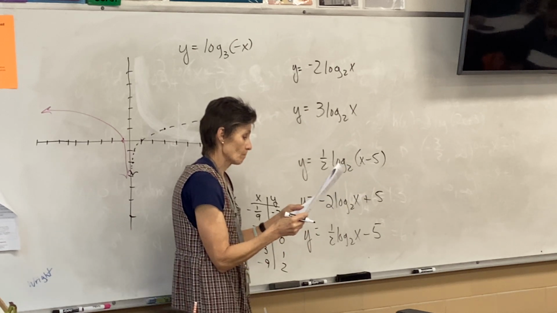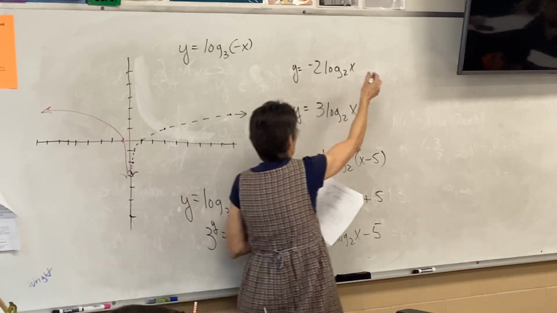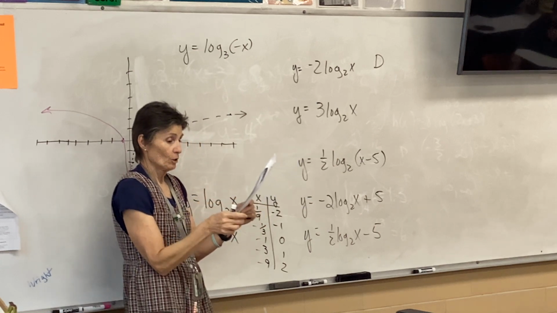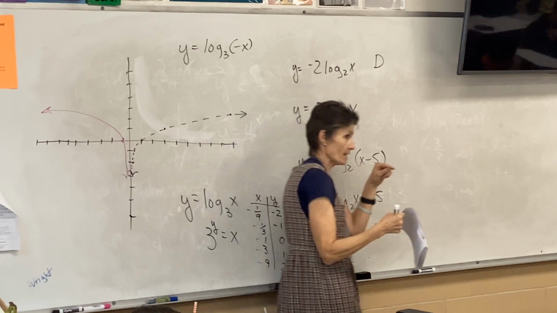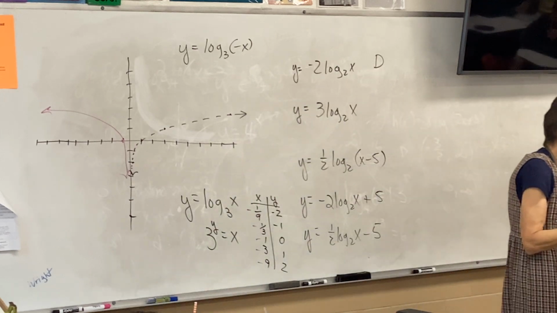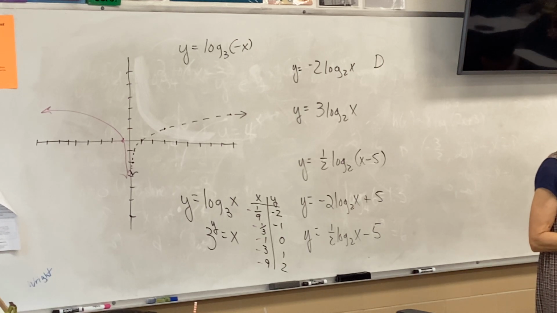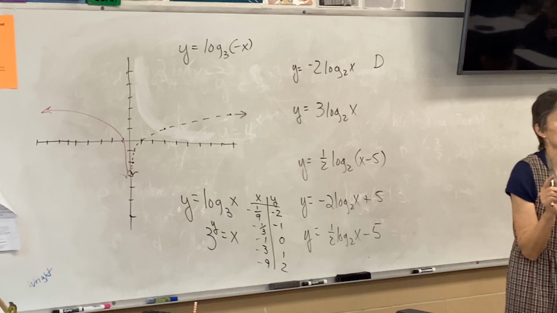I got a D as a dinosaur. So this, he says, was D. Now let's see if he's right. Look at picture D. Picture D looks like a regular logarithm upside down, and that's exactly what happens in that. Perfect, Xander.